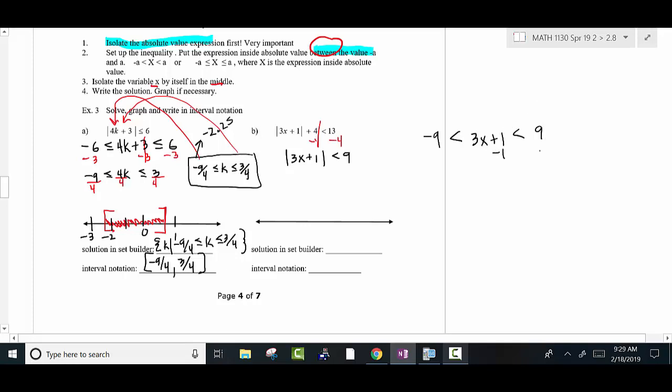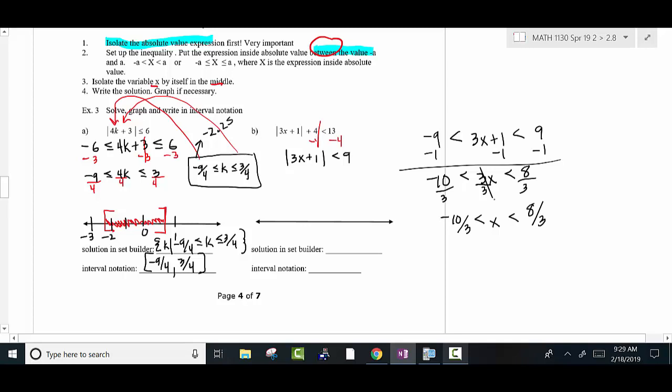So we would subtract 1 from each part. That would give negative 10 less than 3x less than 8. And you divide by 3. Each part gets divided by 3. So you'd end up getting negative 10 thirds less than x, and then less than 8 thirds like that.